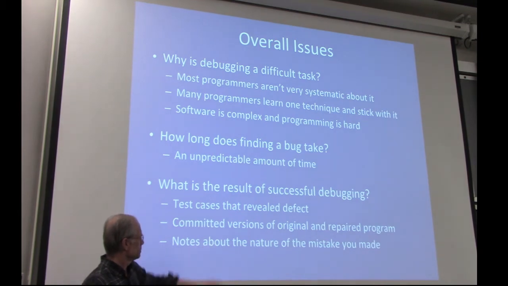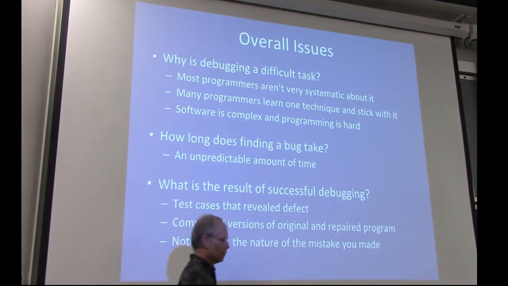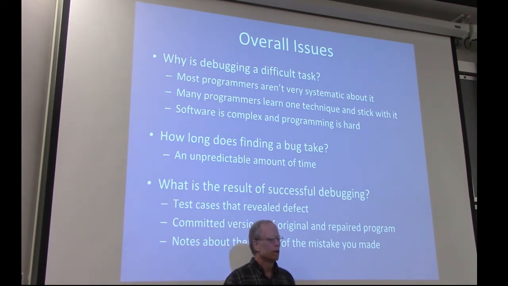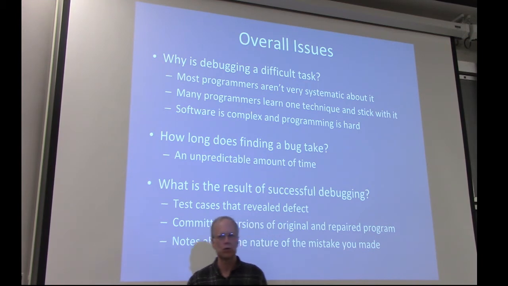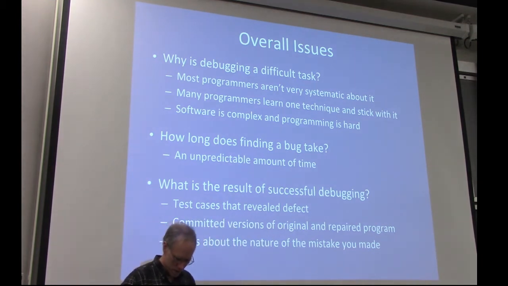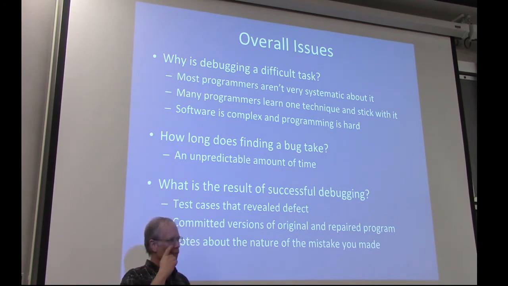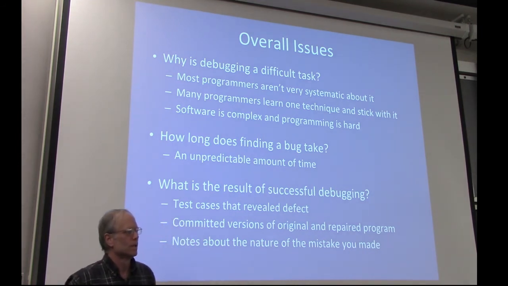And if you can be that introspective, if you write down a note every time you fix a bug, you start to notice patterns. You start to notice that you're prone to making the same mistakes over and over again, and you can train yourself to stop. And I'll tell you one that I still make all the time. When I write a nested loop, let's say I'm iterating i, and then inside I'm doing j. I tend to write for int i equals 0, i is less than n, i plus plus.